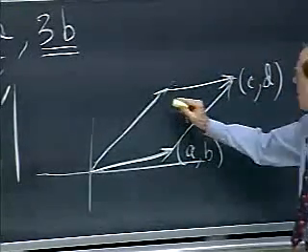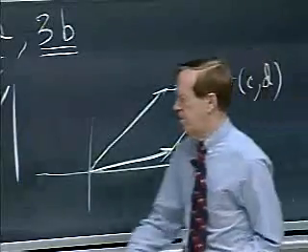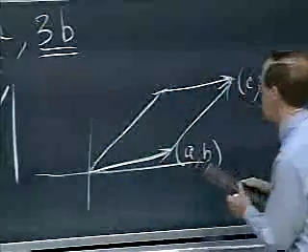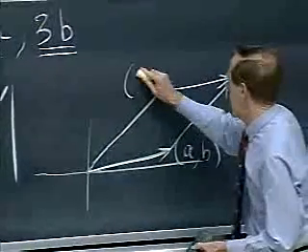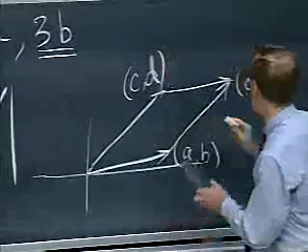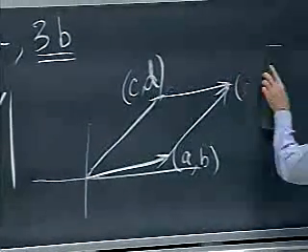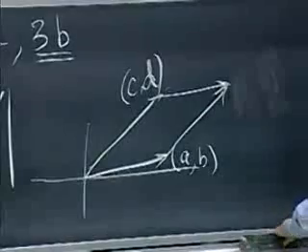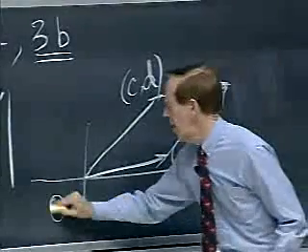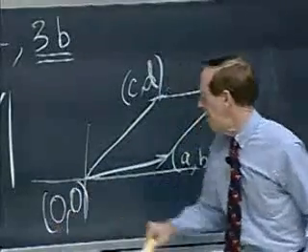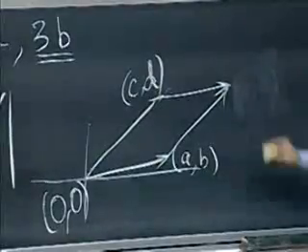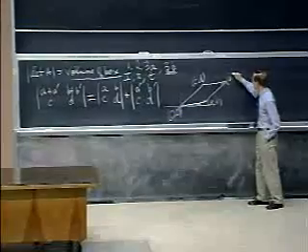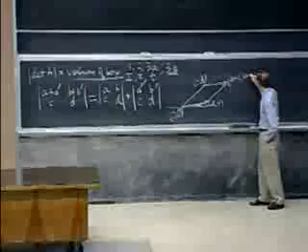So this is C. Well, I better make it look right. It's really this one that has coordinates CD, and this has coordinates, well, whatever the sum is. And, of course, starting at 0, 0. So we all know this is A plus C, B plus D.